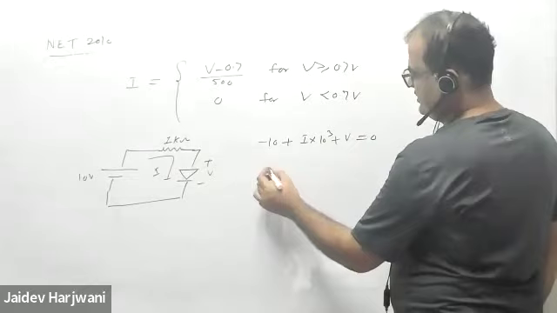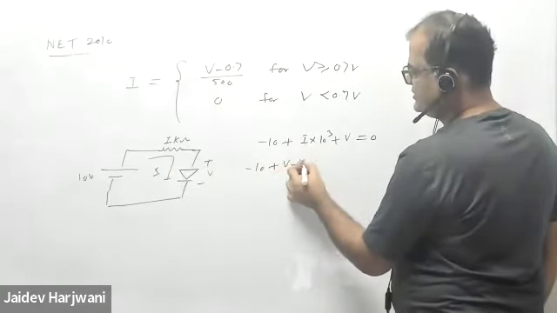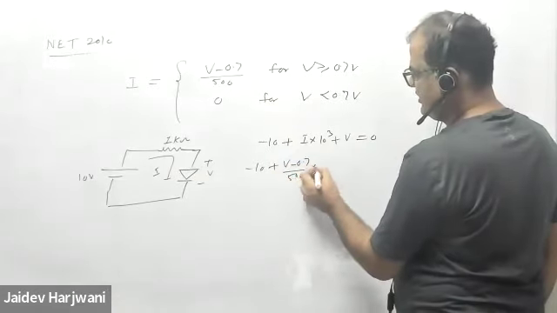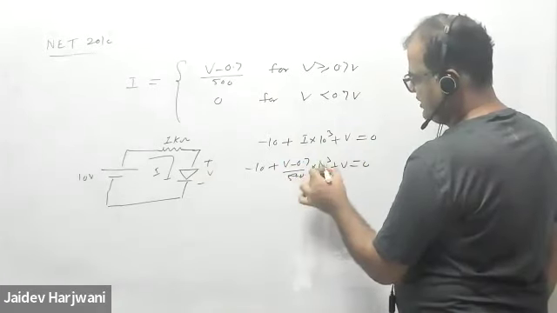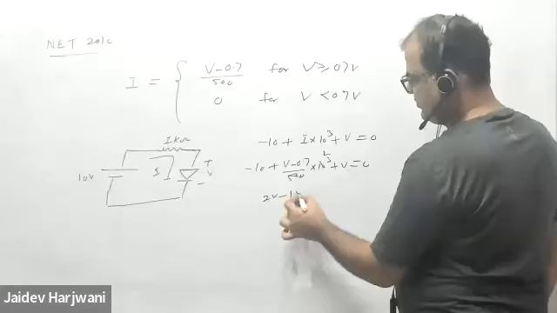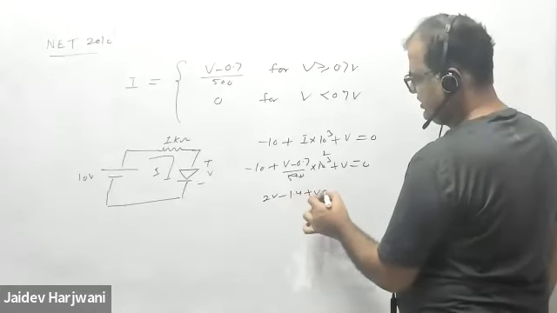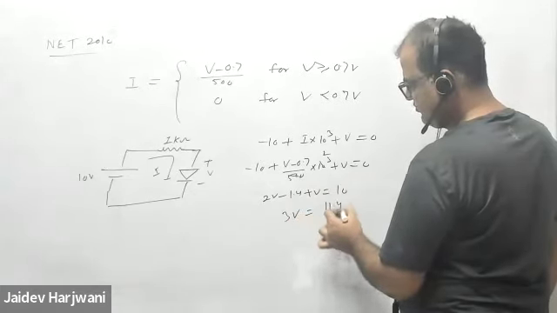So this will become minus 10 plus I, which is V minus 0.7 over 500, into 1 kilo ohm, plus V. So this becomes 2V minus 1.4 plus V equals 10. So 3V equals 11.4.